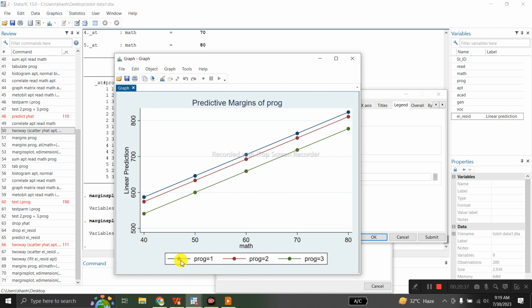So this blue line shows those who are in academic program, this maroon line shows those students who are in general program, and this green line shows those who are in vocational program.